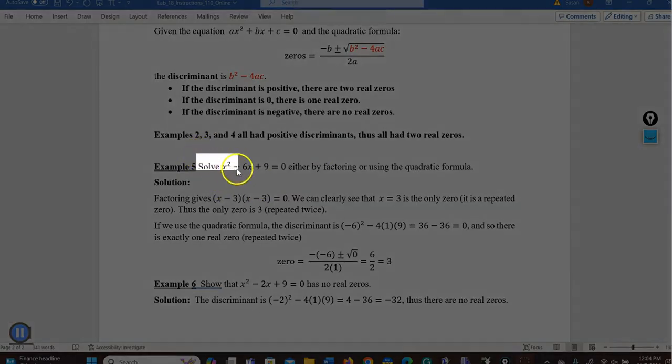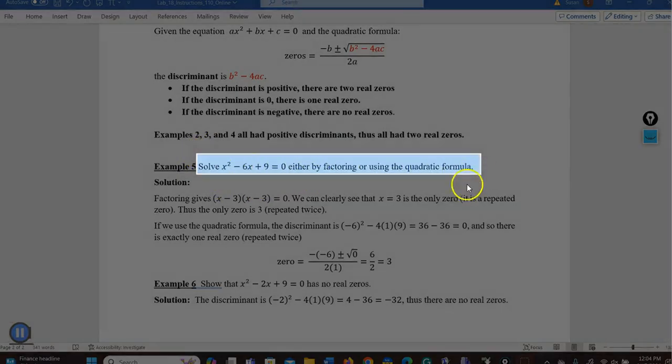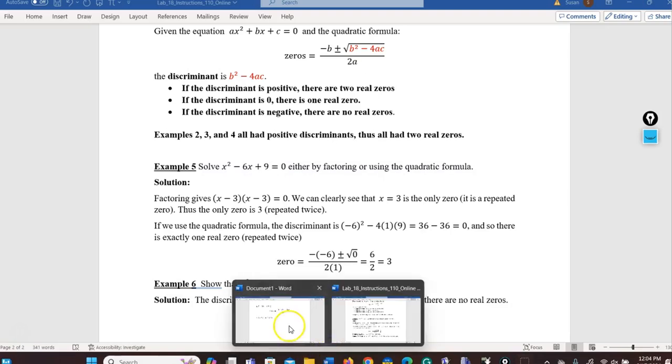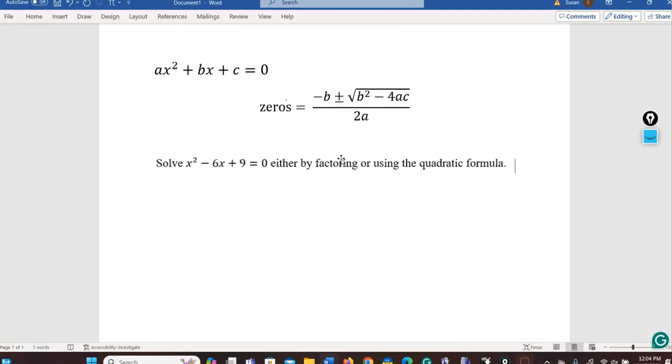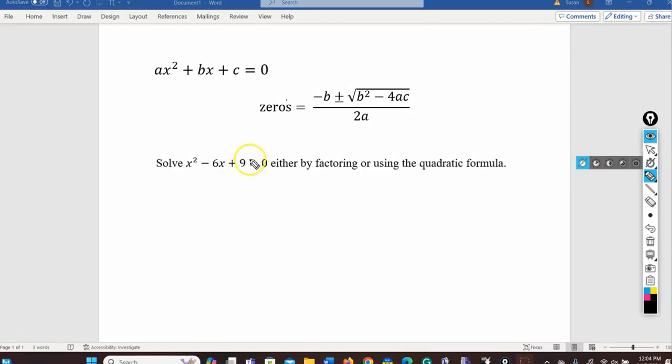So I'm going to copy that. And now let's go over here. Let's solve that either by factoring or using the quadratic formula. Okay. Well, this one is easy to factor. Two numbers that multiply together to give me 9, positive 9, and add up together to give me negative 6.